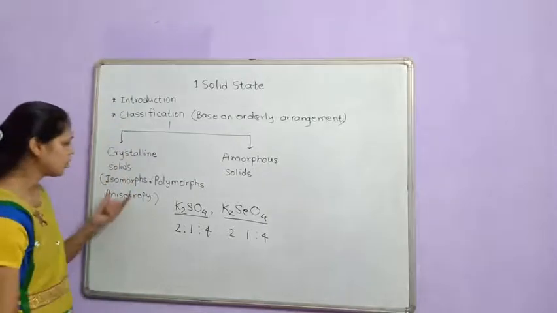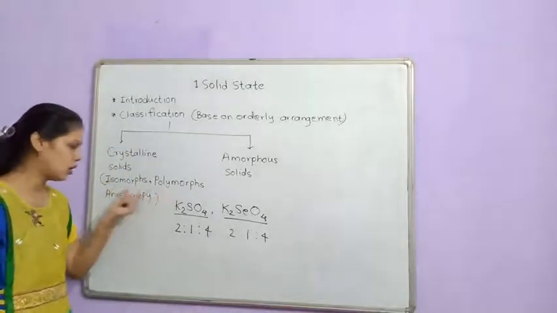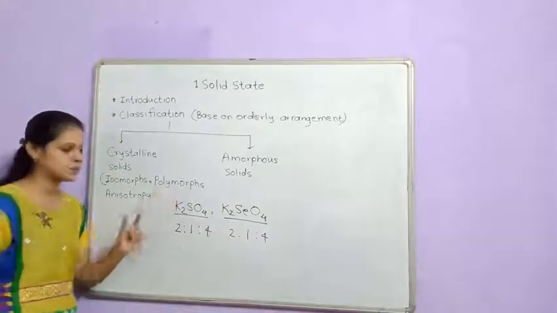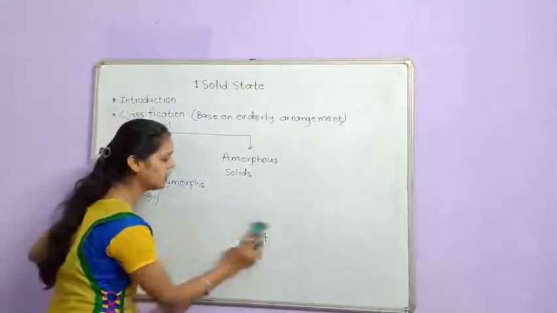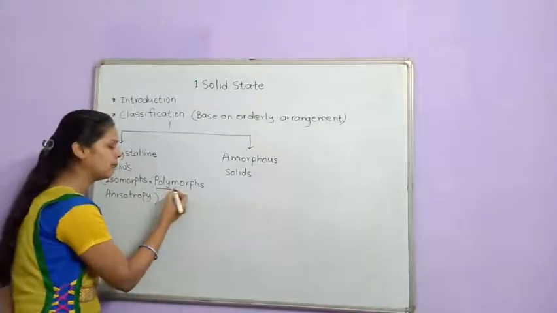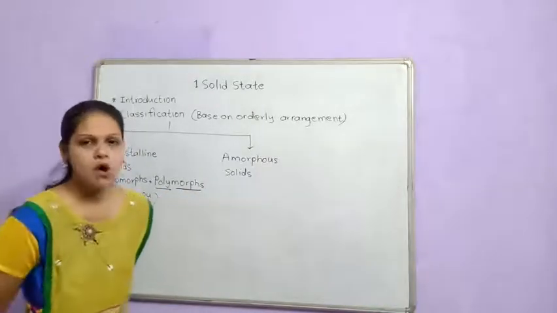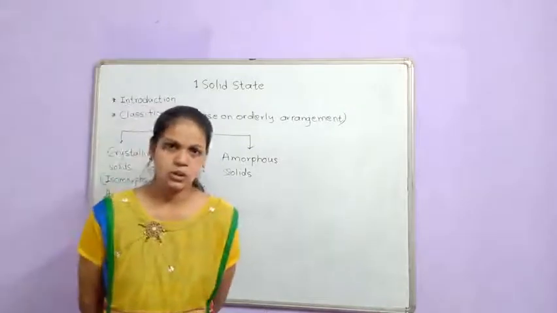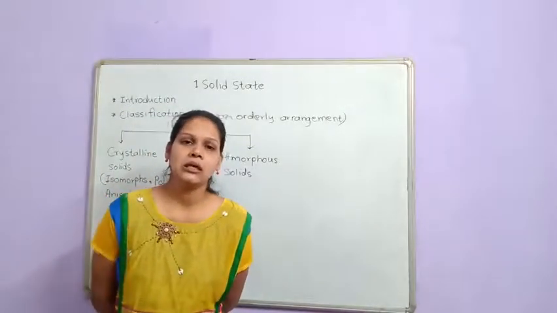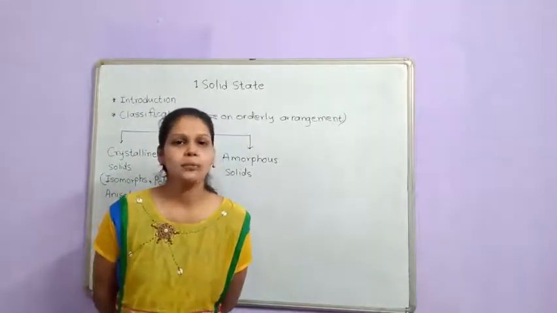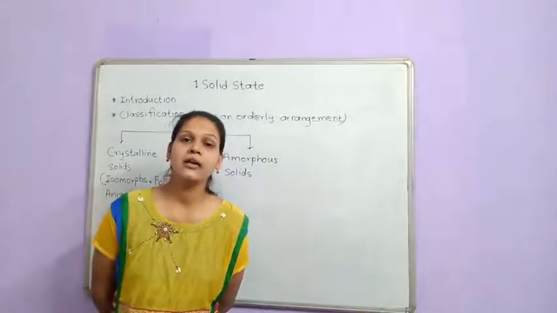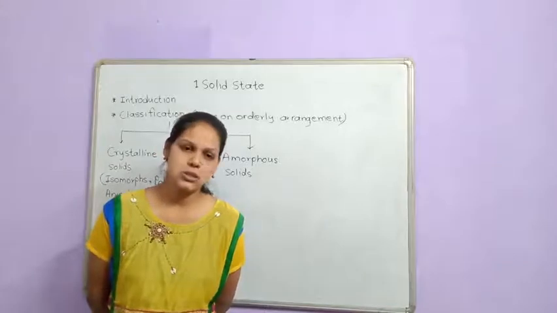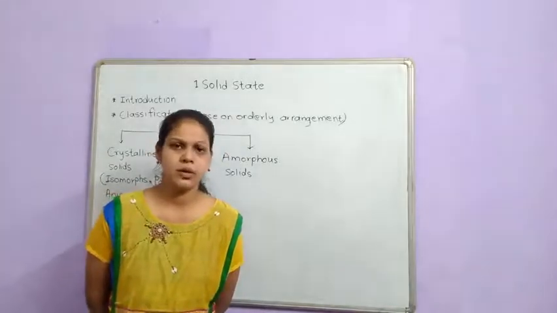Now, another characteristic of crystalline solids: polymorphs. Poly means many, and morphs means forms. When a substance crystallizes and gives two or more forms under different sets of conditions, such a substance is called polymorphic.